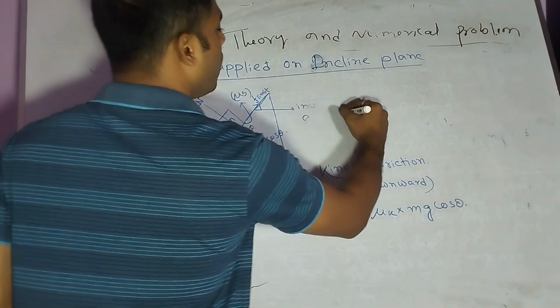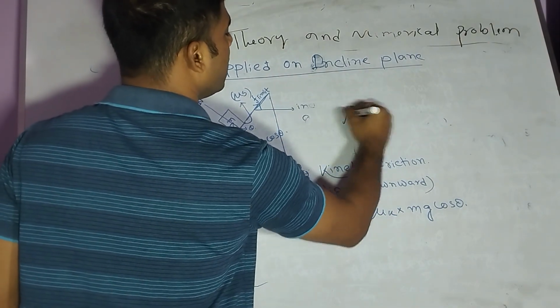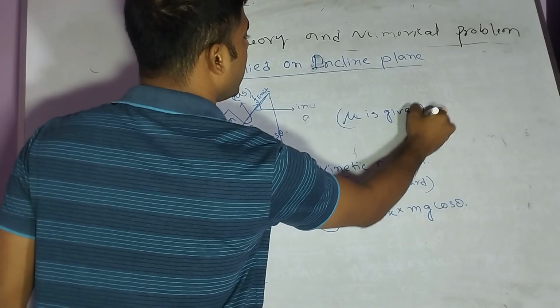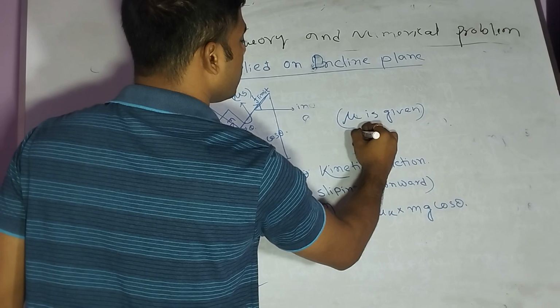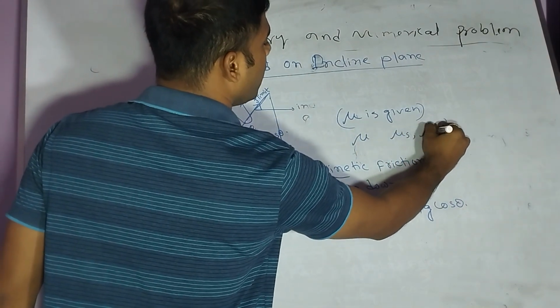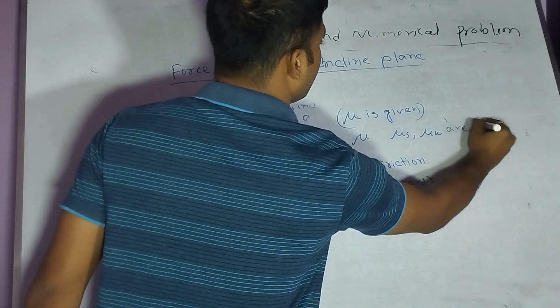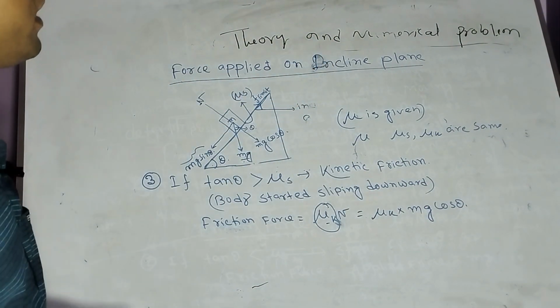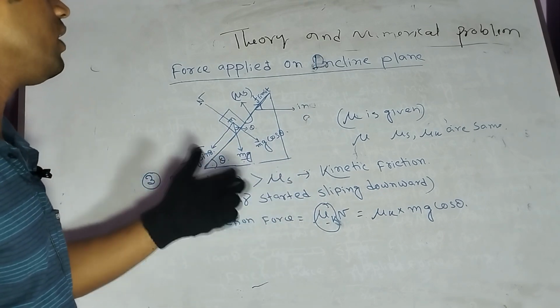If in the question only mu is given, then you consider mu s and mu k are the same. If in a given question only mu data is given, then mu can be applied as mu s or mu k, all are the same.